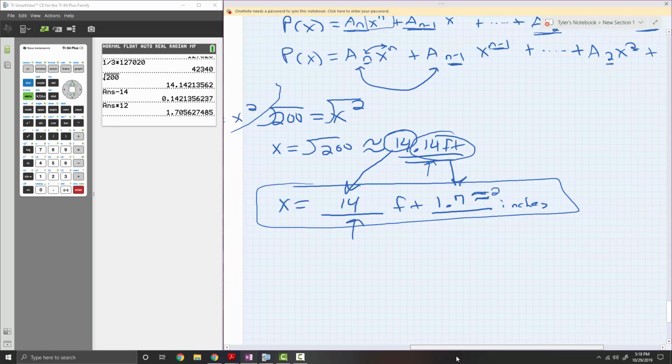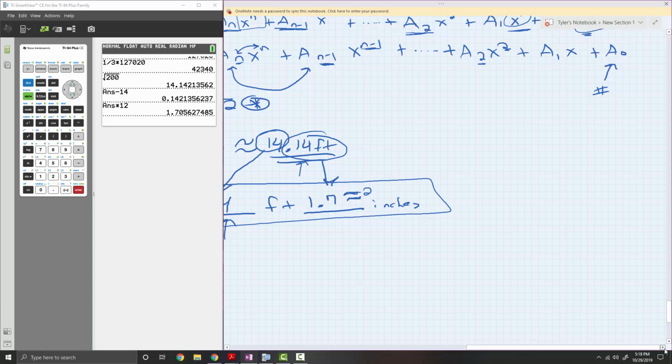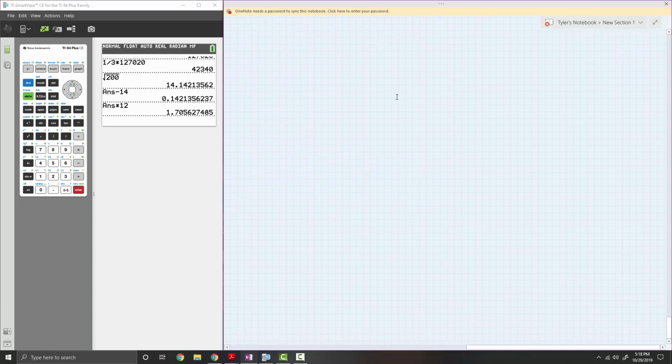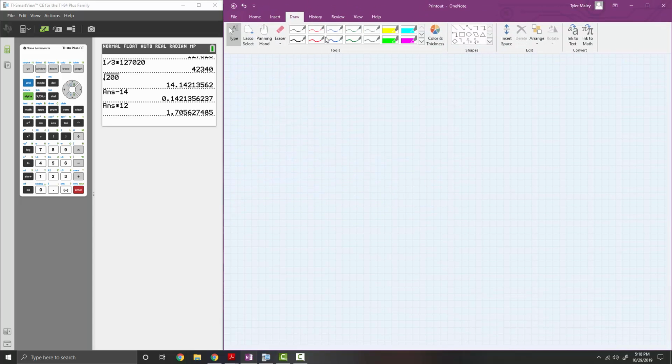So then another thing that I want to go over is this idea with solving this equation. I want to talk about what it means to solve that. So let me come over here to some blank space.